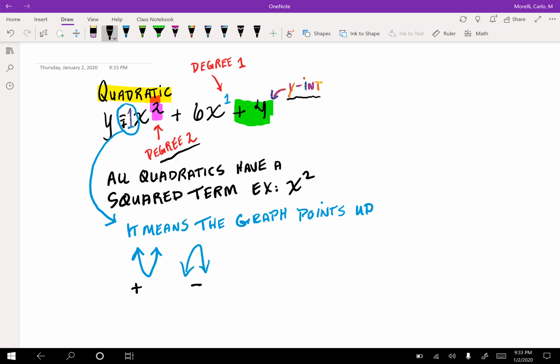Okay, so quadratic is just another way of saying degree 2.